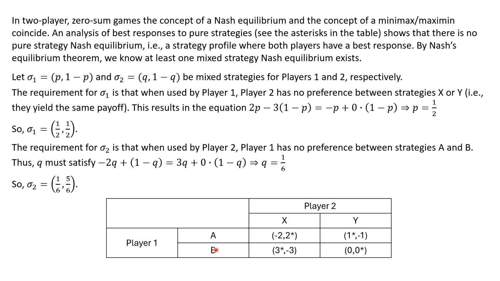And when player 1 plays B, player 2 does better with strategy Y. So we have the stars here. We notice there are no 2 stars in any cell. So there's no pure strategy Nash equilibrium. So the next step is we look for a mixed strategy Nash equilibrium.